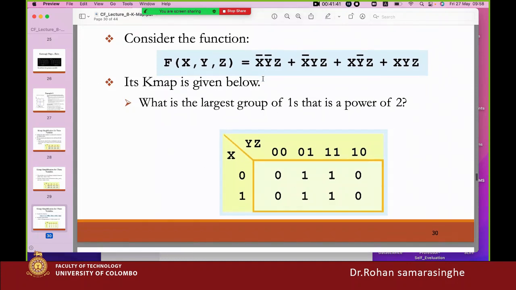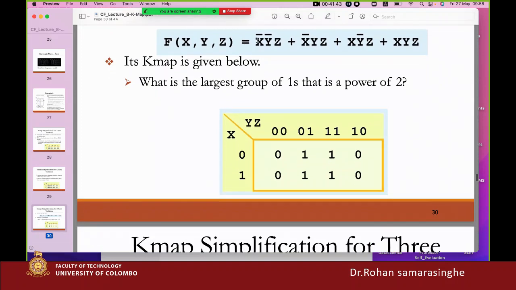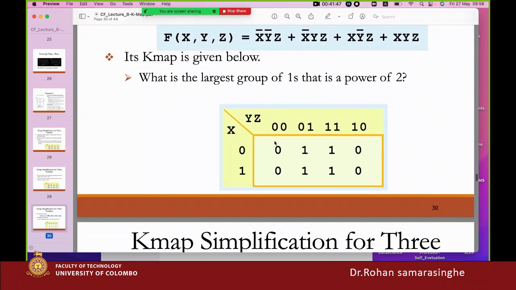So here, when you get this one, x bar y bar z, this one is 1. X bar y z, this also is 1. X y bar z, this is 1.